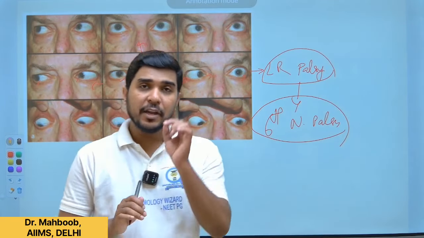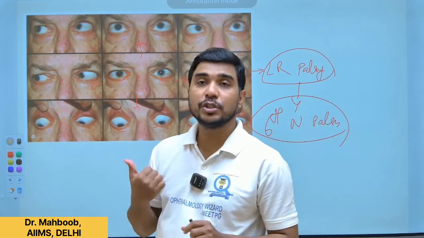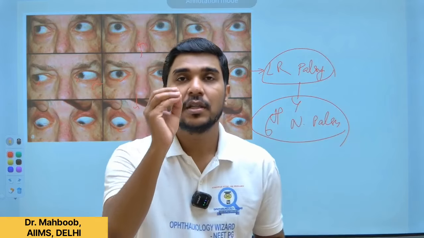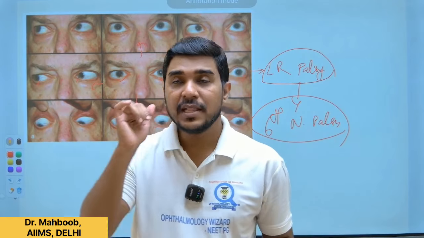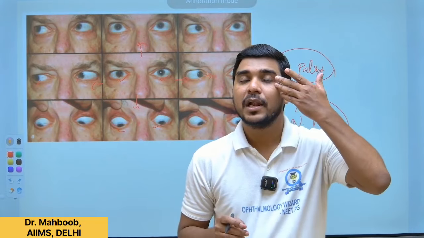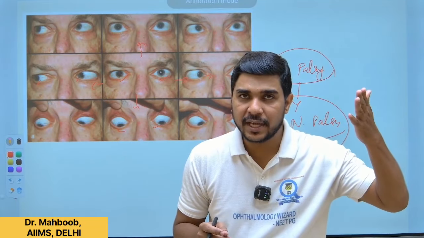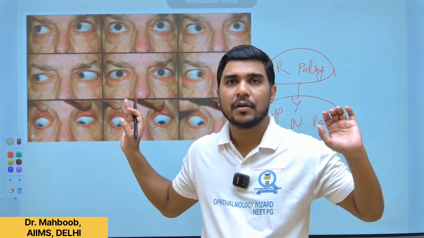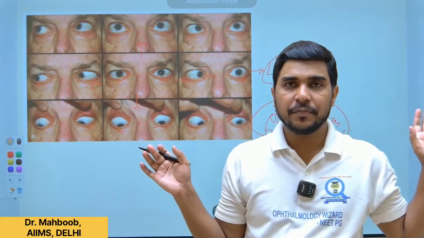I mean to say, in this type of question, when you see ptosis, it is third nerve palsy. When you see that there is no lateral movement in any of the gazes, it is lateral rectus palsy.